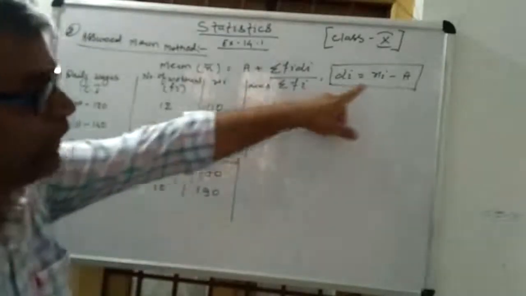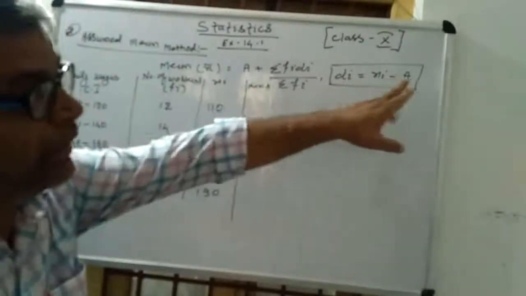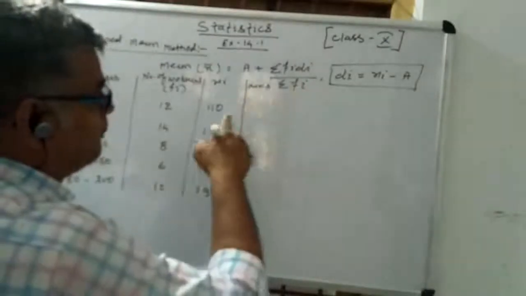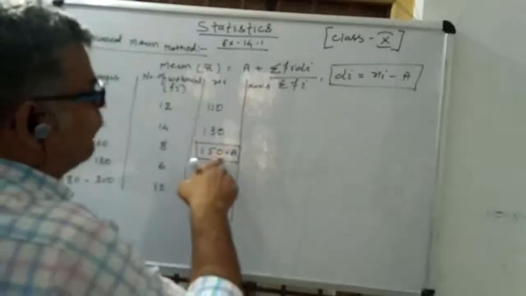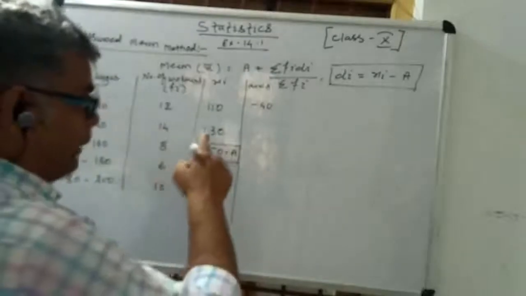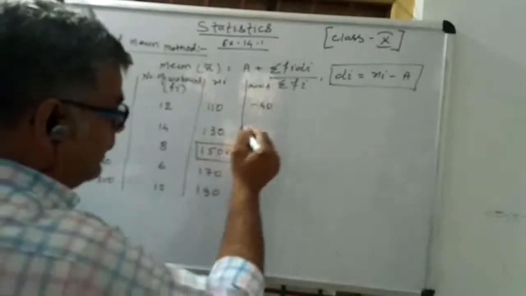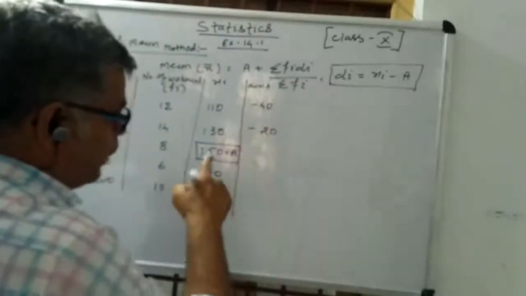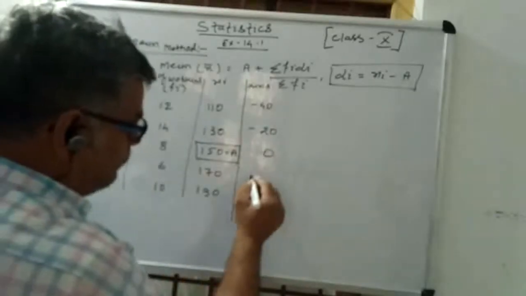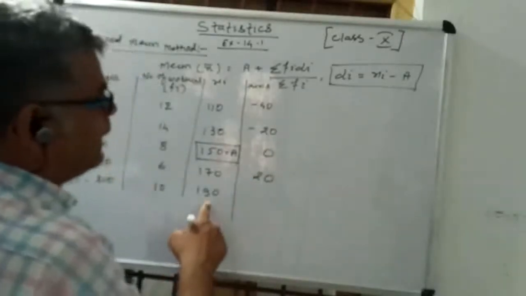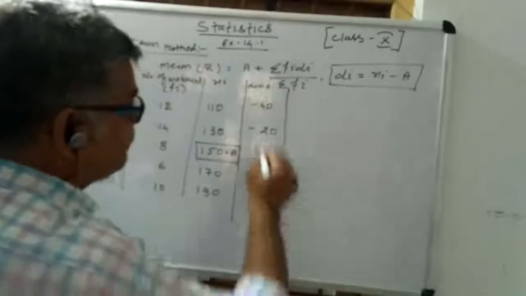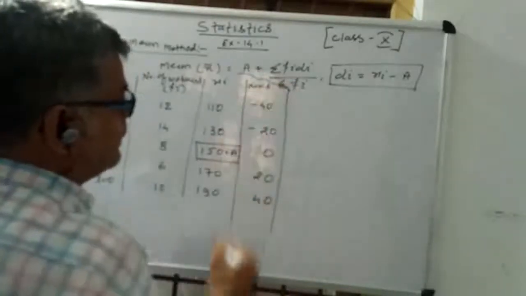Now apply the formula di equals xi minus a. So di becomes 110 minus 150, that is minus 40. 130 minus 150 is minus 20. 150 minus 150 is 0. 170 minus 150 is 20. And 190 minus 150 is 40. So this is your di.